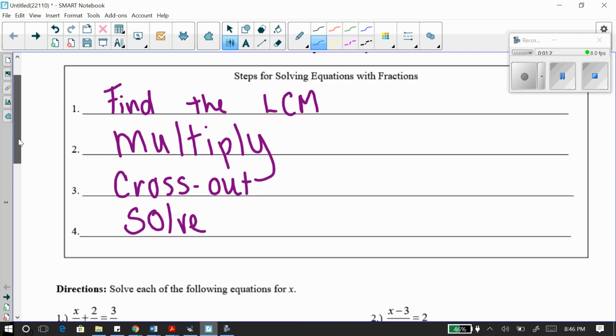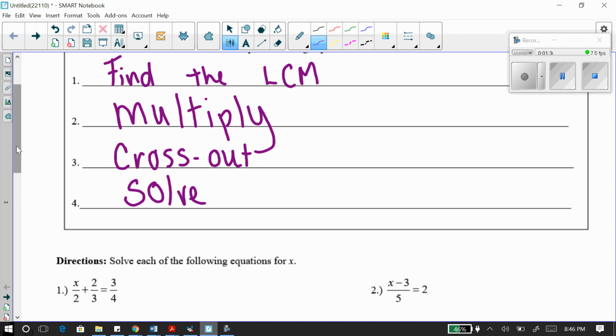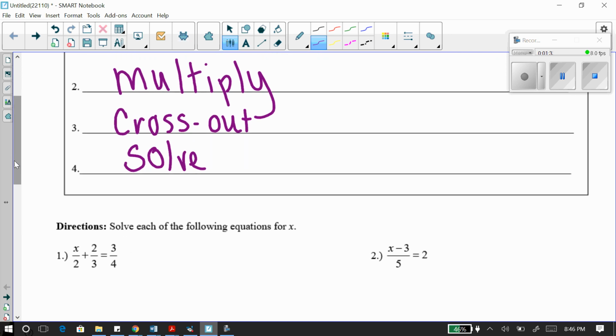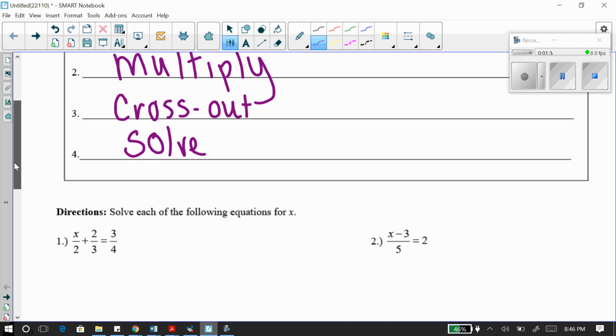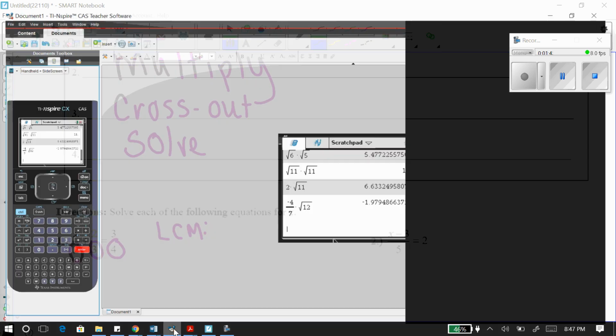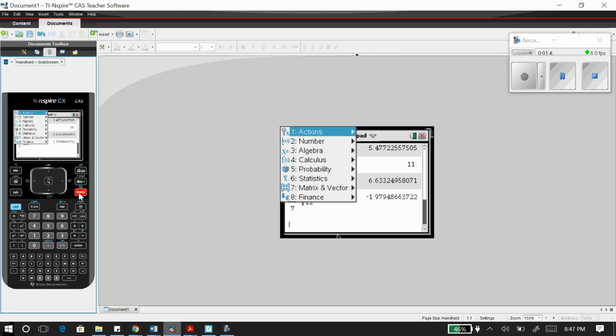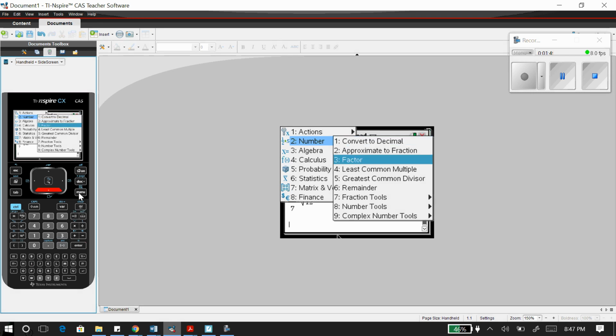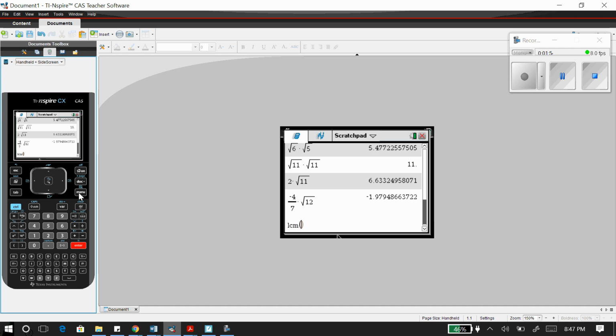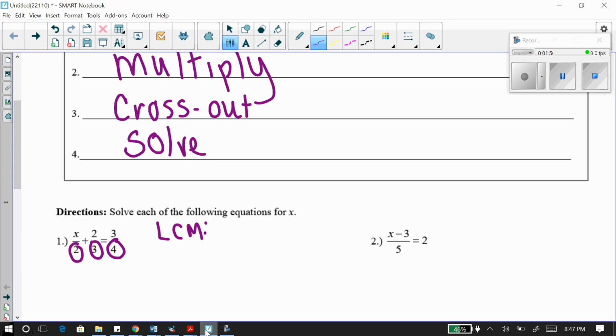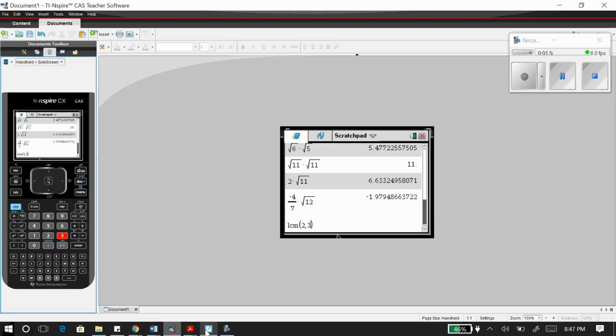All right, so let's solve each of the following equations for x. Now we want to find the LCM between our denominators, so 2, 3, and 4. So if you remember, I go to my calculator, I go to menu, number, least common multiple. That's what LCM stands for, least common multiple. So we do our first 2 denominators first. We do 2, 3.